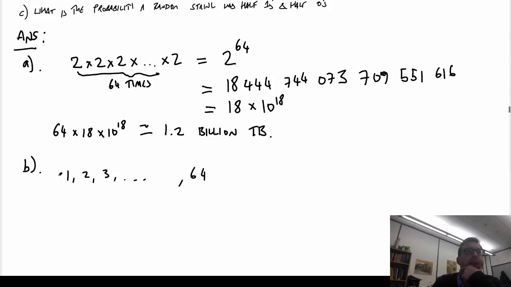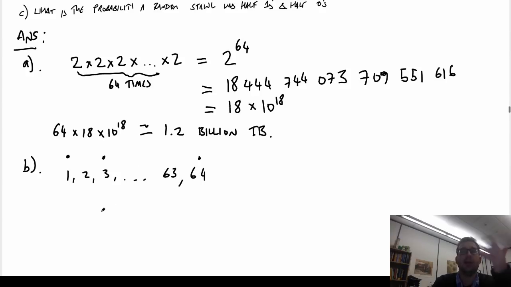So think of that being the first position, the second position, the third position, all the way up to the 64th, and then half of them I want to have a 1, and the other half I want to have a 0. Think of me putting a dot on top if it's going to be a 1, and if there isn't going to be a 1, there's a 0 there.